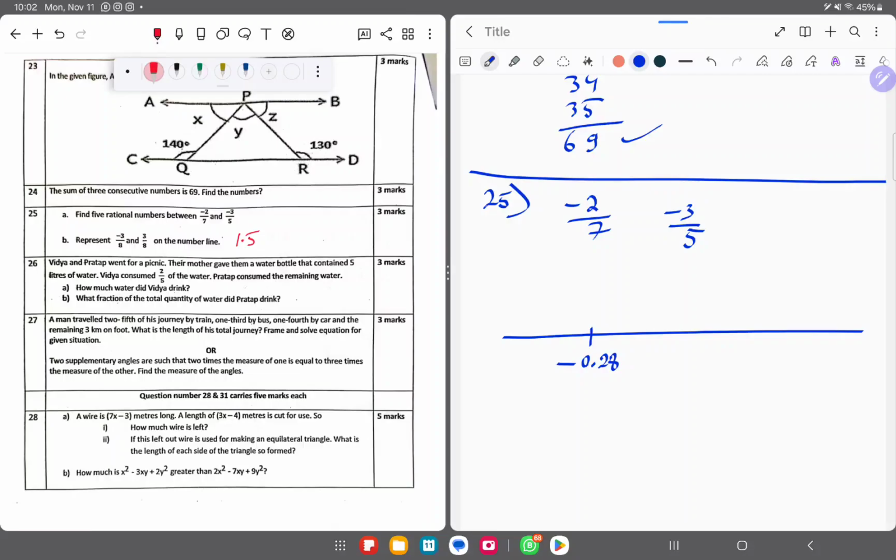And minus 3 over 5: 3 divided by 5 is 0.6, so it's minus 0.6.